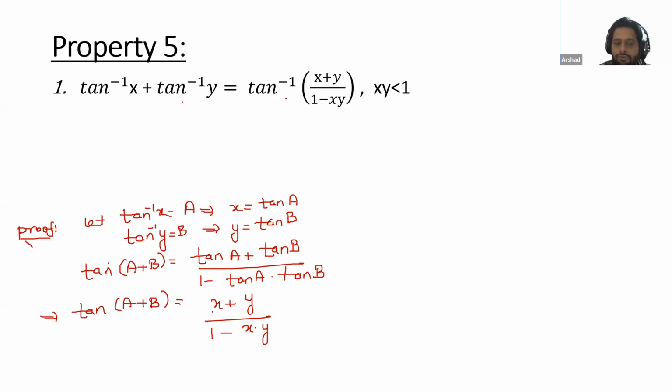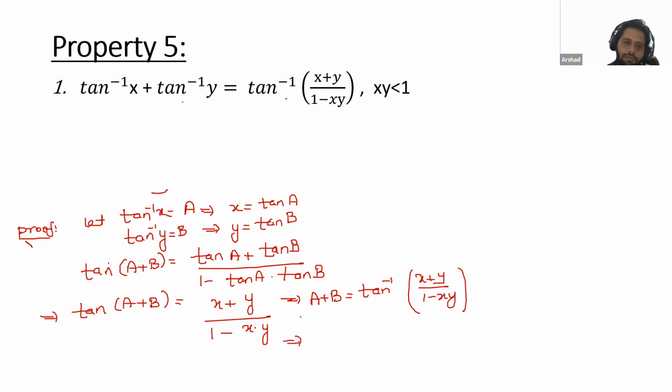Now shift this tan to the right side, so you will get a plus b is equal to tan inverse x plus y by 1 minus xy. Now what is a? We have assumed a is tan inverse x. What is b? b is tan inverse y. And this is equal to tan inverse x plus y by 1 minus xy.